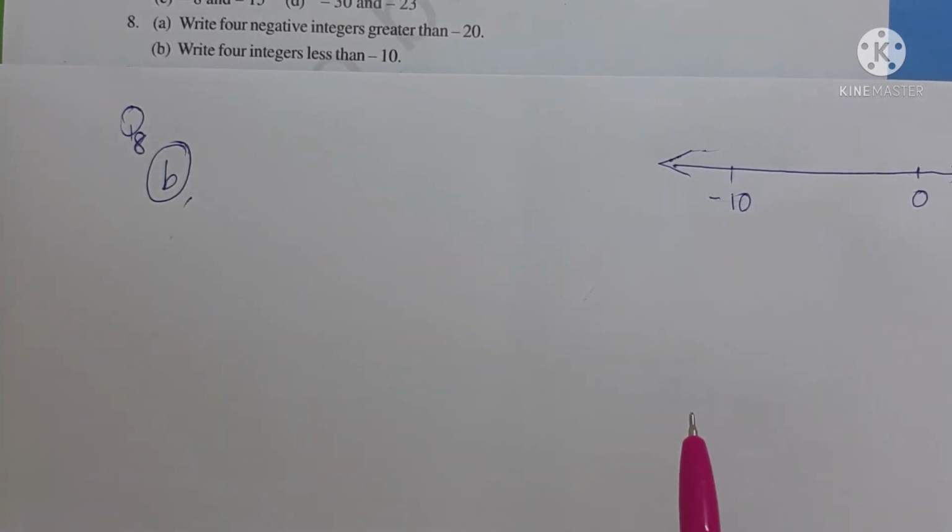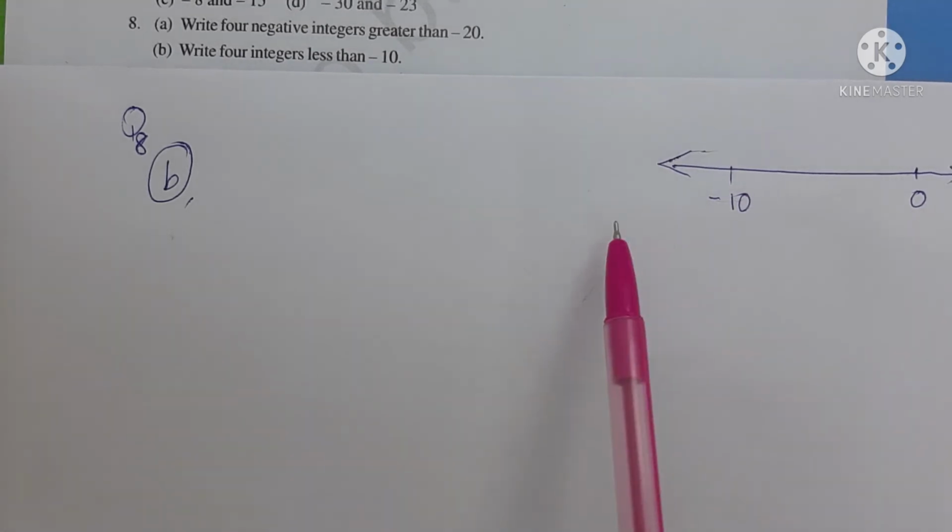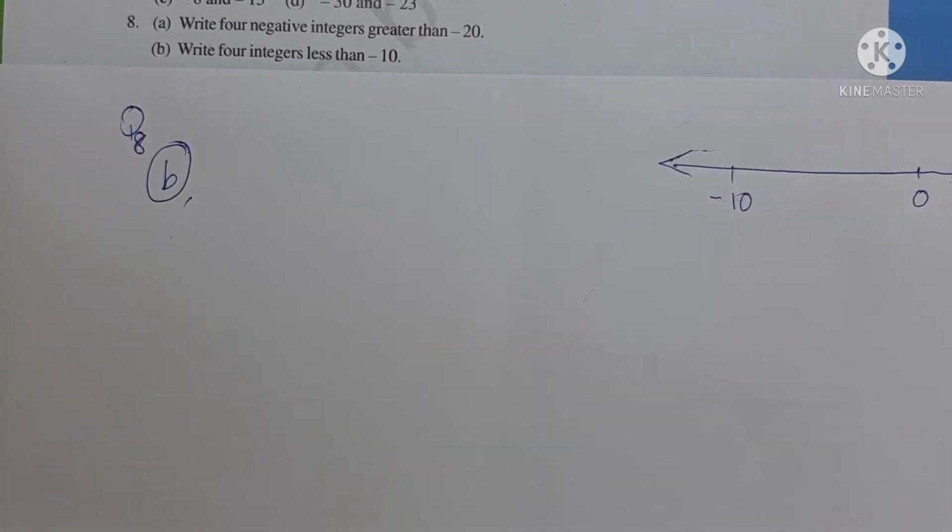One thing you remember: in a number line, as we move from 0 to the left side, the value of negative integers becomes lesser. That rule can be applied in this question.